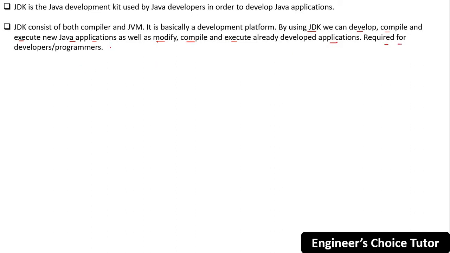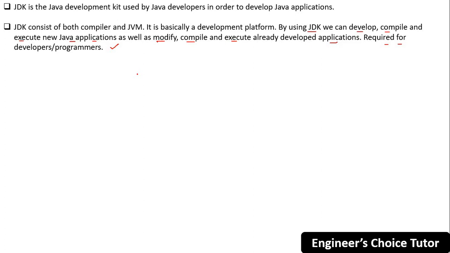Because developers and programmers are responsible for developing and modifying the application, right? If they develop and modify, they have to compile and execute to check whether all the functionalities are working properly or not, right? So for them, JDK is required.